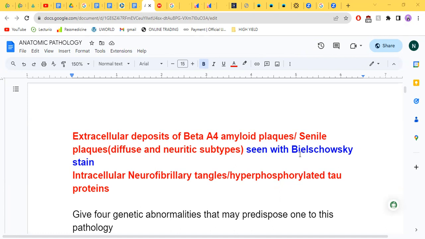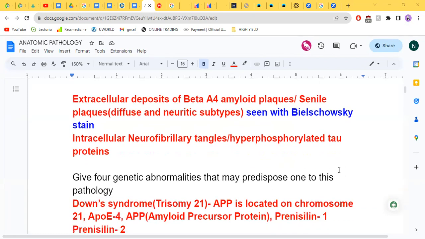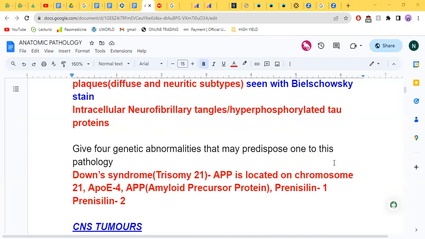Let's move down. Presenilin 1. That's true. And 2. Yes. So Down syndrome, trisomy 21. Then there's also presenilin 1, 2, ApoE, and amyloid precursor protein.